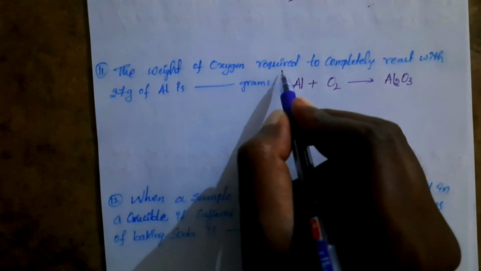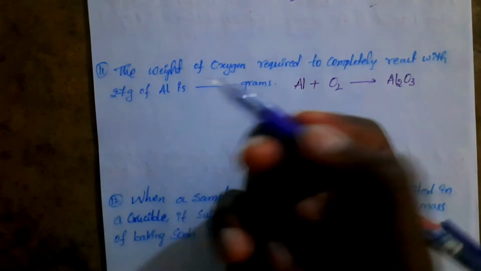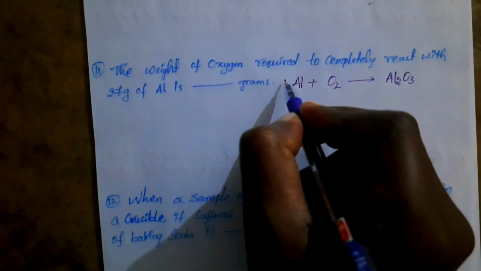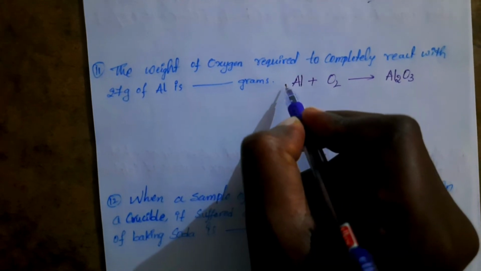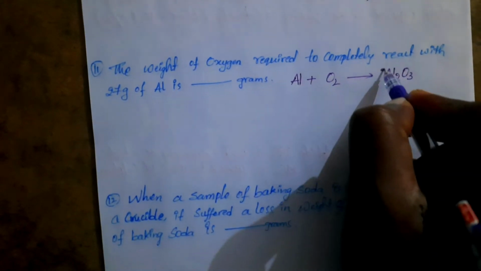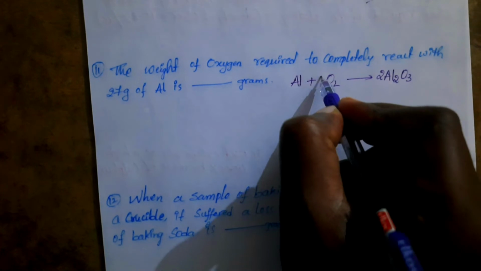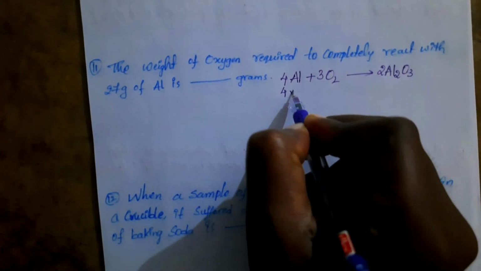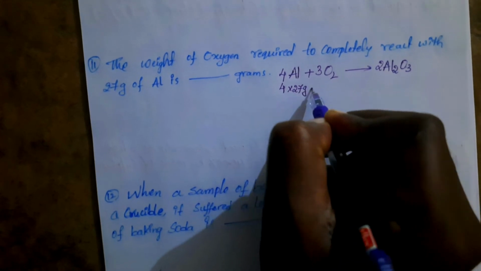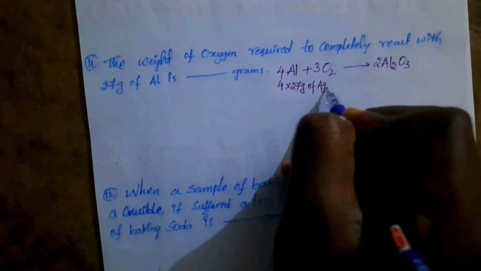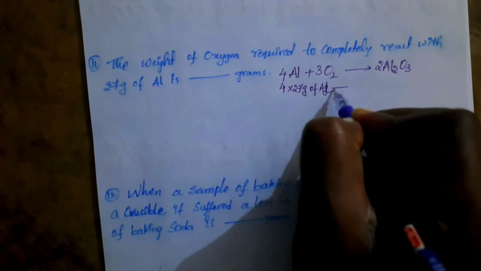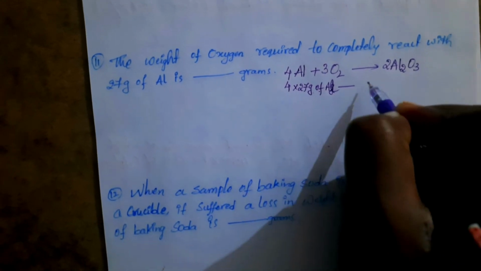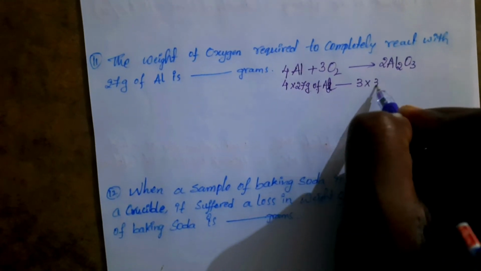First you balance this equation. It is 4 moles of aluminum, that is 4 into 27 grams of aluminum requires 3 into 32 grams of oxygen.